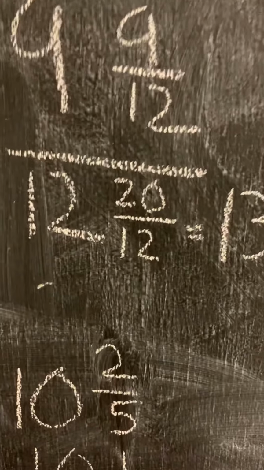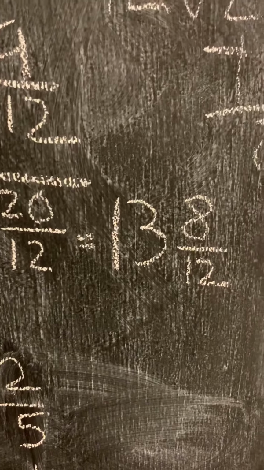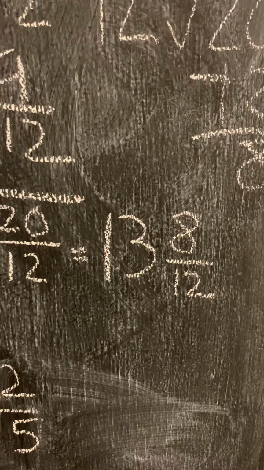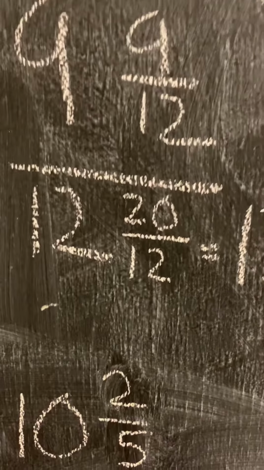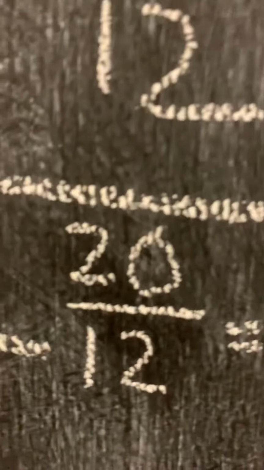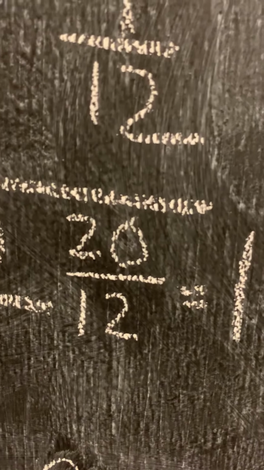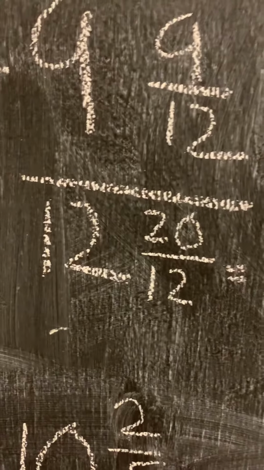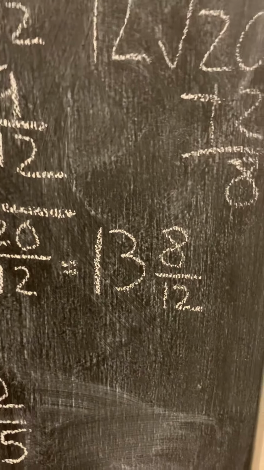So we know it's going to bump us up to 13, and then we had that remainder 8, which we put over our previous denominator of 12. This is kind of what you were doing in 7.6, where you had to turn a fraction into a mixed number. 20 over 12 would be 1 and 8/12. Tack that onto our other answer, our 12. We get 13 and 8 over 12.